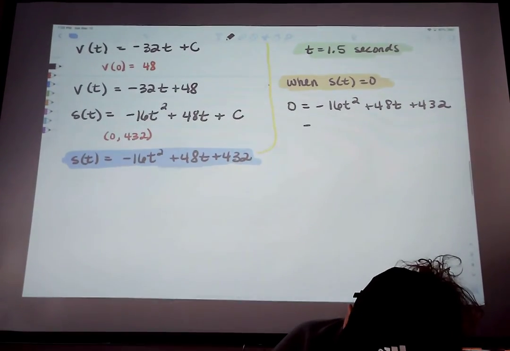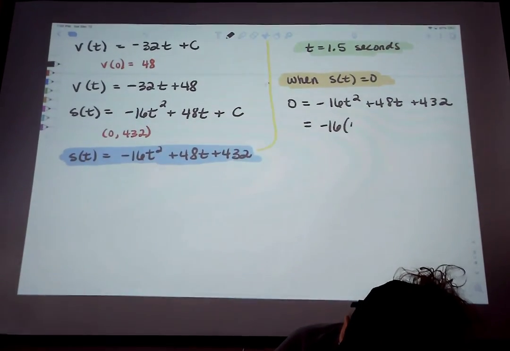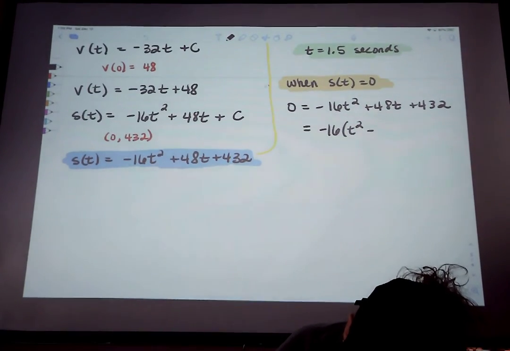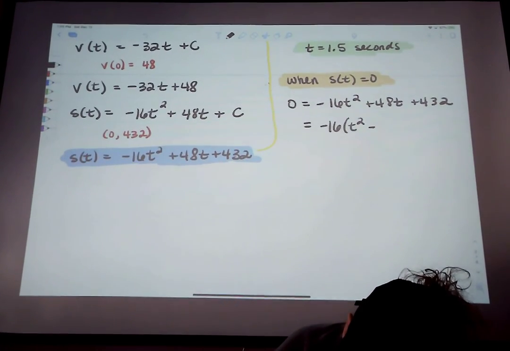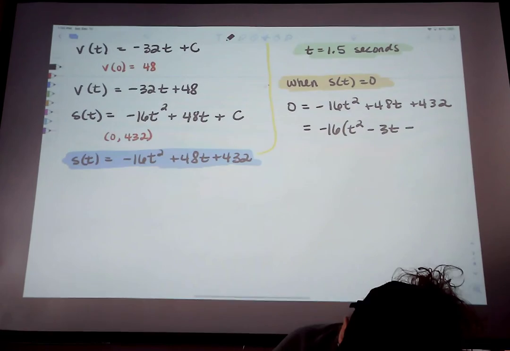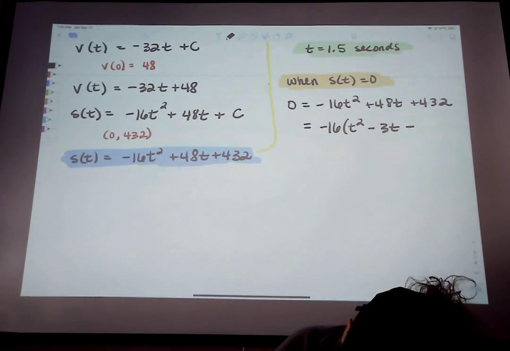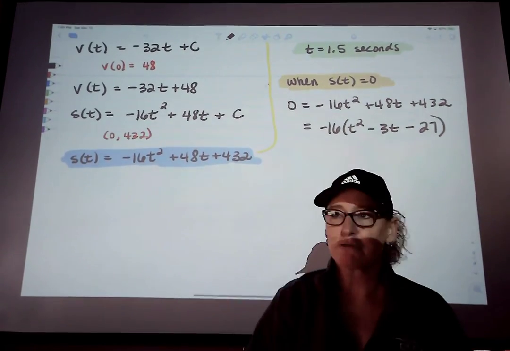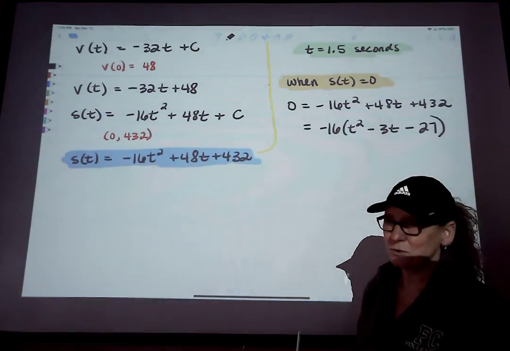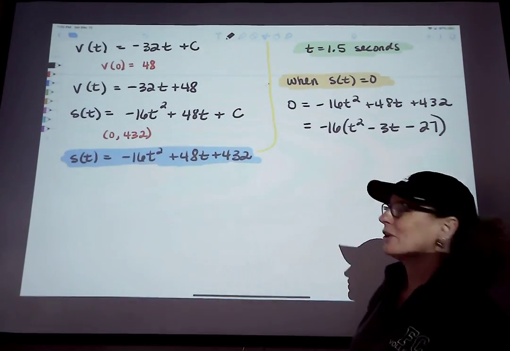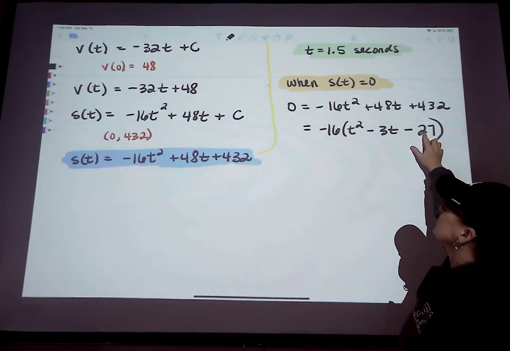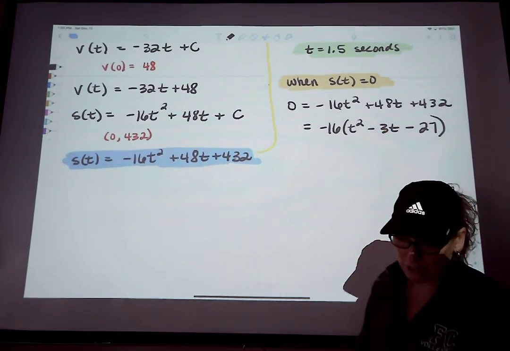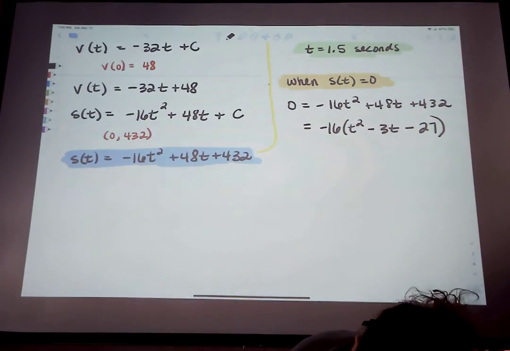I really wanted to factor this. -16 t squared minus 3t minus, that was a 27. And I saw the 3 and I saw the 27, and I'm like, ooh, I can do this. Turns out, no, I couldn't do that. That's not factorable. So I had to use my quadratic formula.